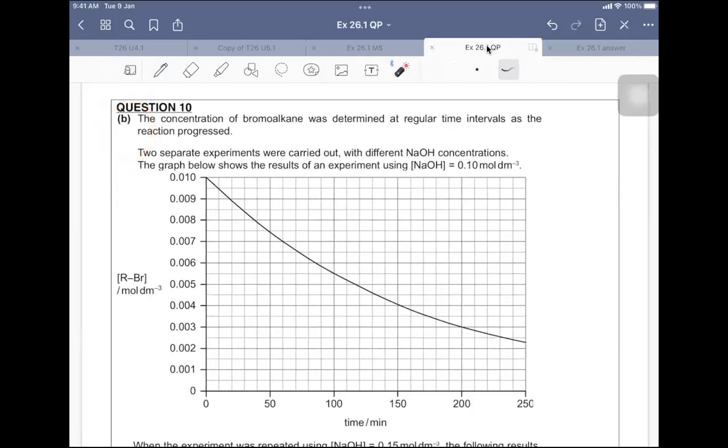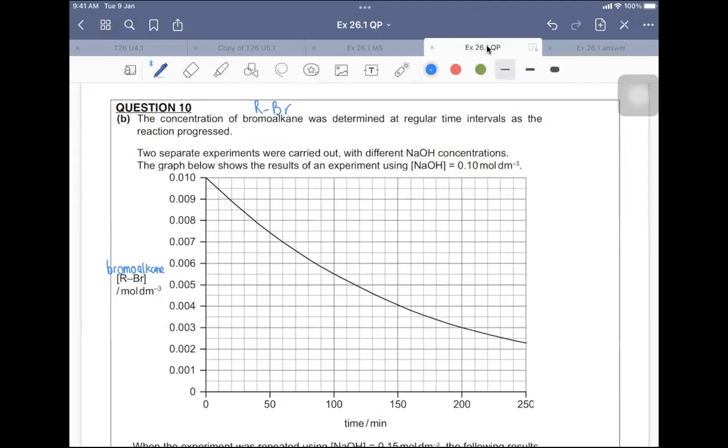The graph below shows the results of an experiment using the concentration of sodium hydroxide at 0.10 mole per dm cube. And this graph is the graph of the bromoalkane. They use the symbol RBr.